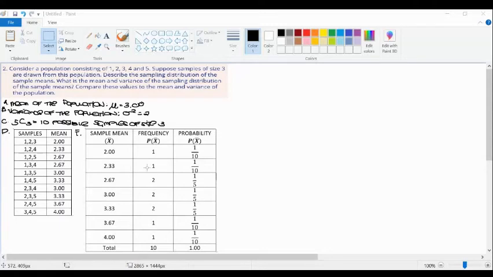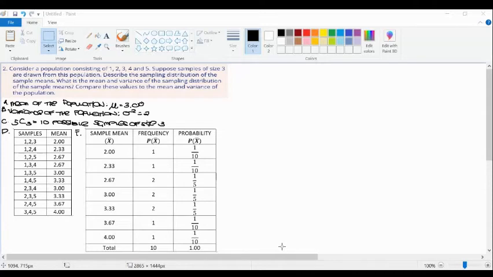So the probability of this sample mean is 2 over 10, or 1 over 5. And the rest, you're going to do the same. So your total frequency is 10, and the total probability is 1.00.